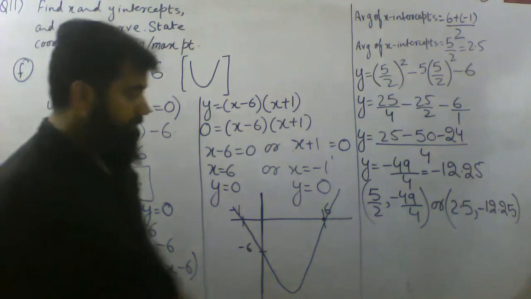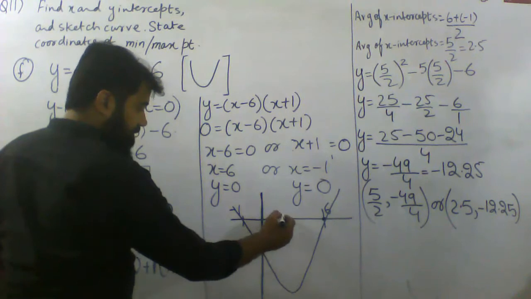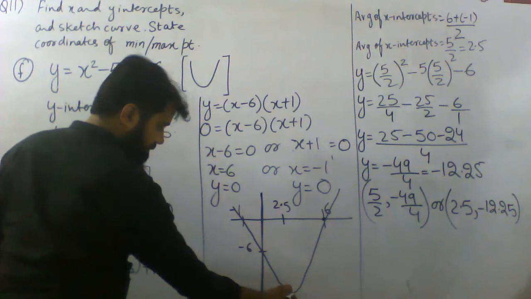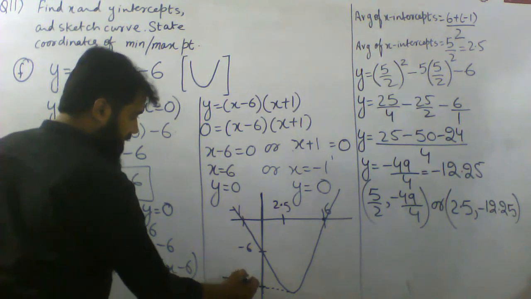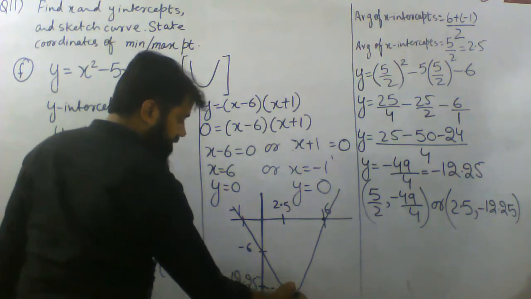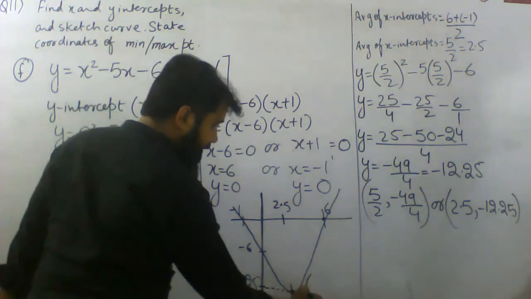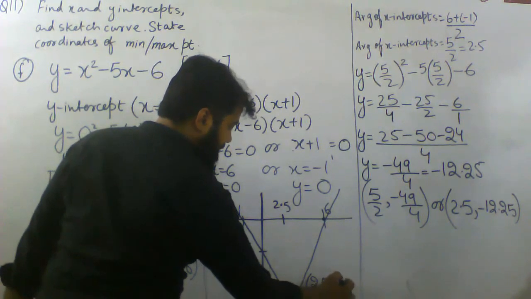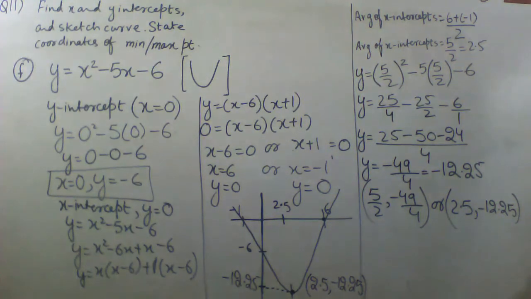Now 2.5, where will be 2.5? 2.5, and this will be minus 12.25. So the coordinate of this point, which is your turning point, is going to be 2.5 and minus 12.25. In decimal it will be easier for you to do the plotting.